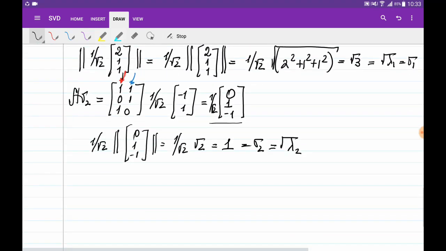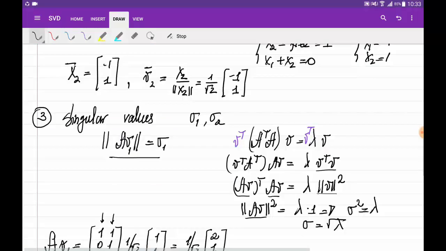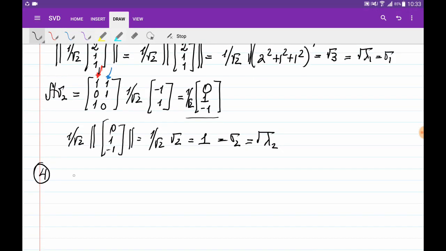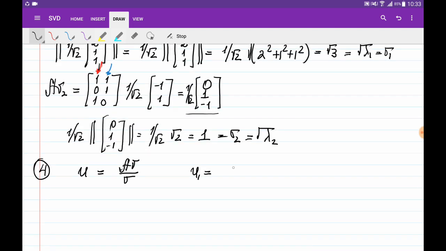So in the next step, in step number 4, we need to find the eigenvectors of the AA transpose, and you know we can find the U1 and U2 as just dividing AV by the sigma. So that is why U1 will be, we already know what is AV1, right?